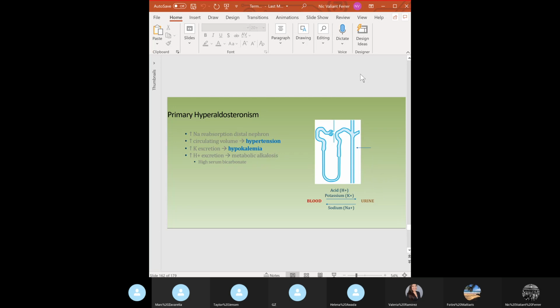Increased circulating volume, increased aldosterone, right? You have increased sodium reabsorption in the distal nephron, thereby increasing circulating volume, which causes hypertension. You are wasting potassium, hypokalemia, and you're increasing H+ excretion, thereby developing metabolic alkalosis.